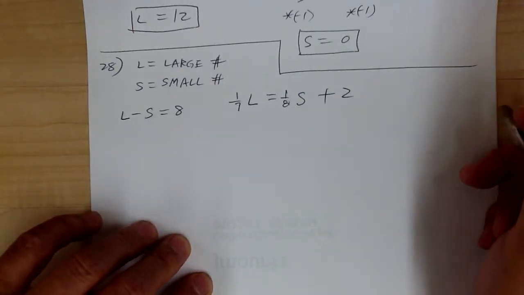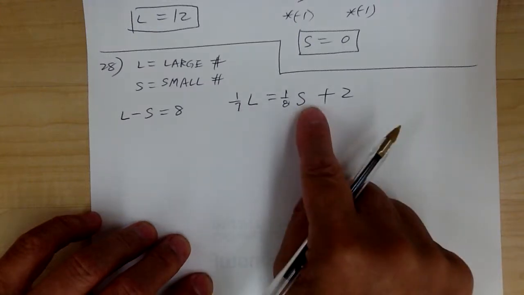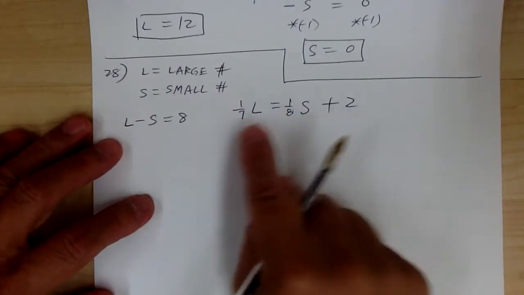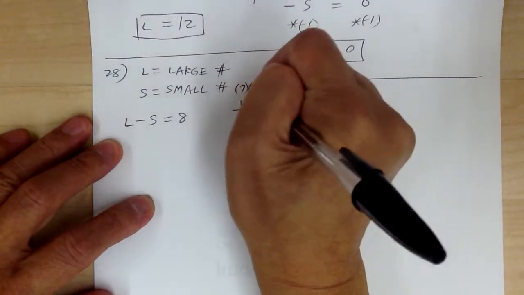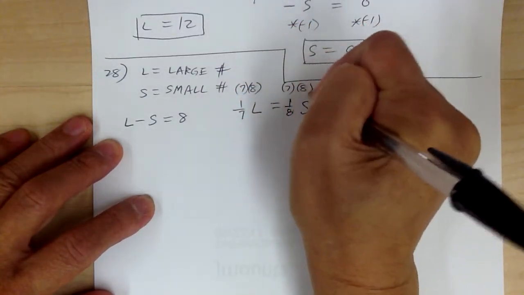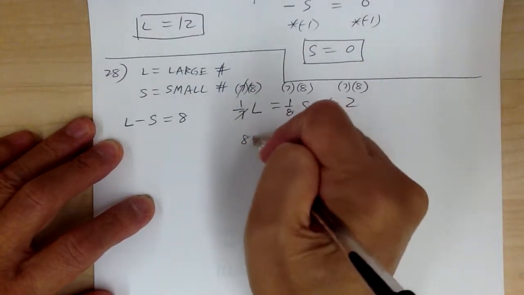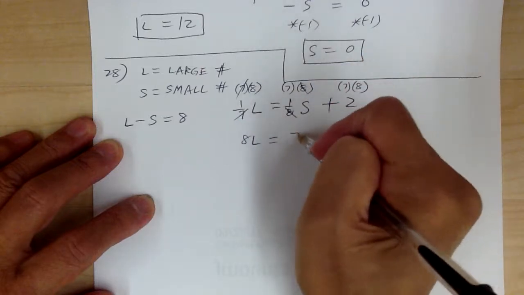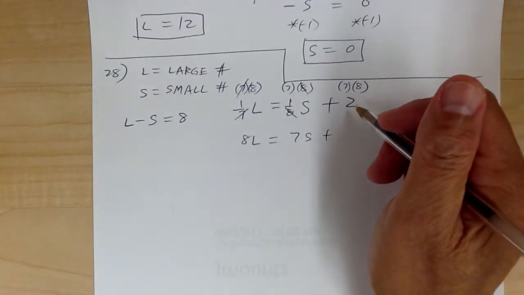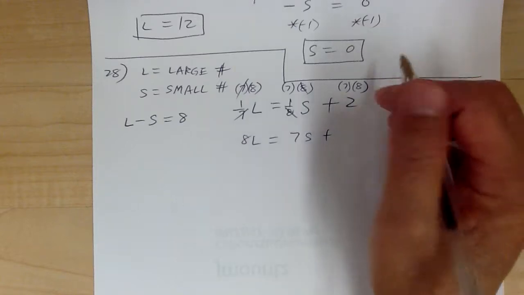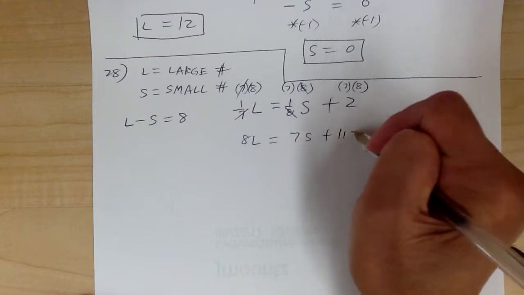So again, first you want to get rid of the fraction. If you're not sure what the common denominator of 7 and 8 is, you just multiply 7 and 8. So this will cancel out. So 8L equal to 7S plus, and get your calculator, you get 112.